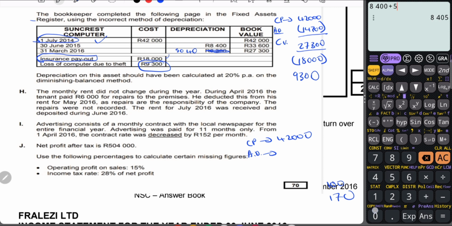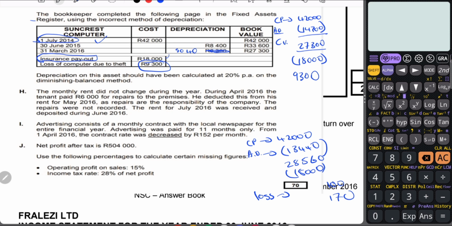Then we're going to add 5,040. Then our accumulated is 13,440. Then the correct carrying value was supposed to be 28,560. Then the insurance will cover how much? 18,000. Then the loss now will be how much now? The loss will be minus 18,000.